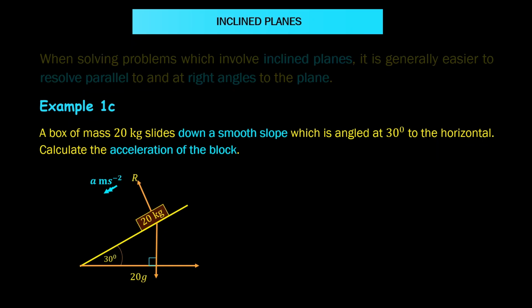And the acceleration is going downwards, so down the slope. Notice that in the direction parallel to the slope, we have a force acting equal to 20g cos 60 degrees.